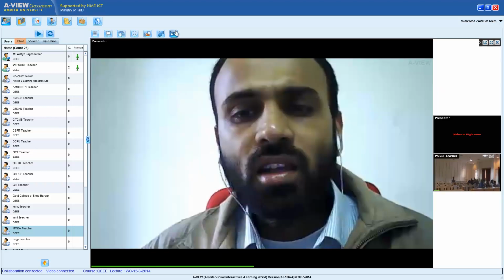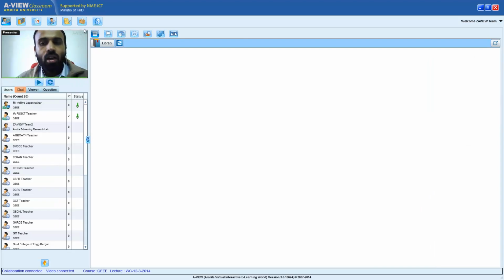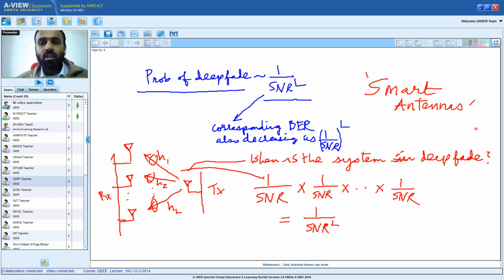Smart antennas means I don't really need directional antennas, since with multiple omnidirectional antennas I can beamform in an appropriate direction. They are also known as antenna arrays, and this is known as array processing.